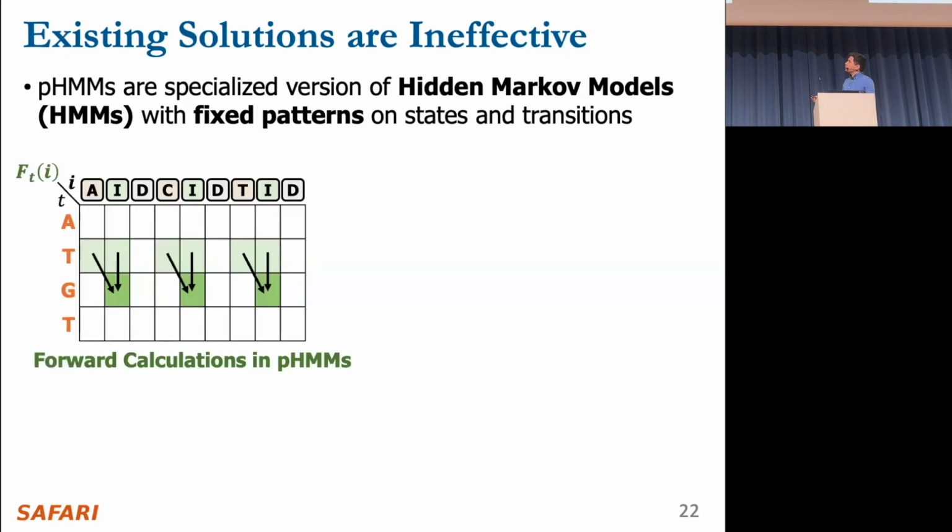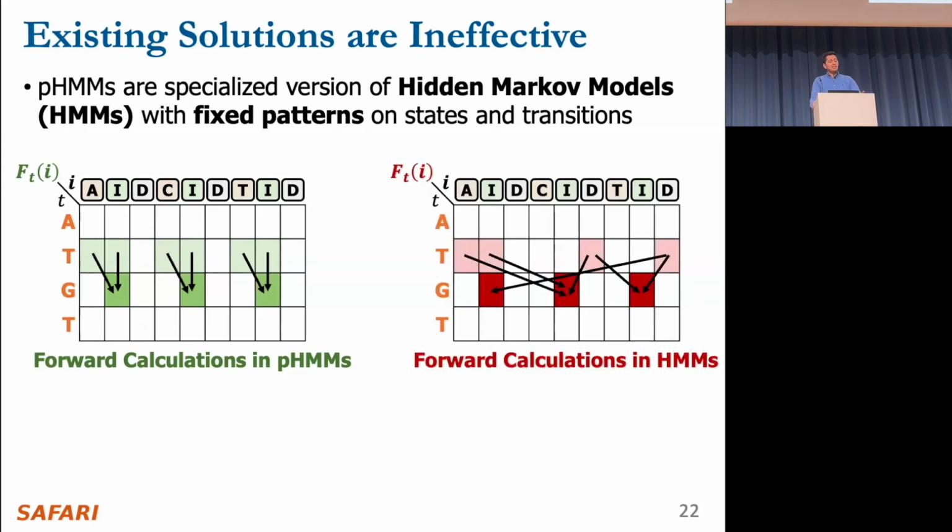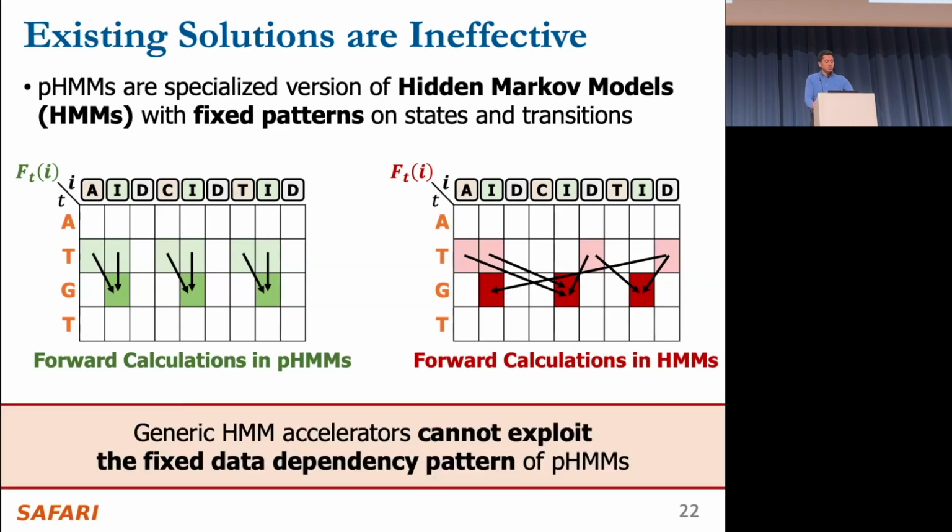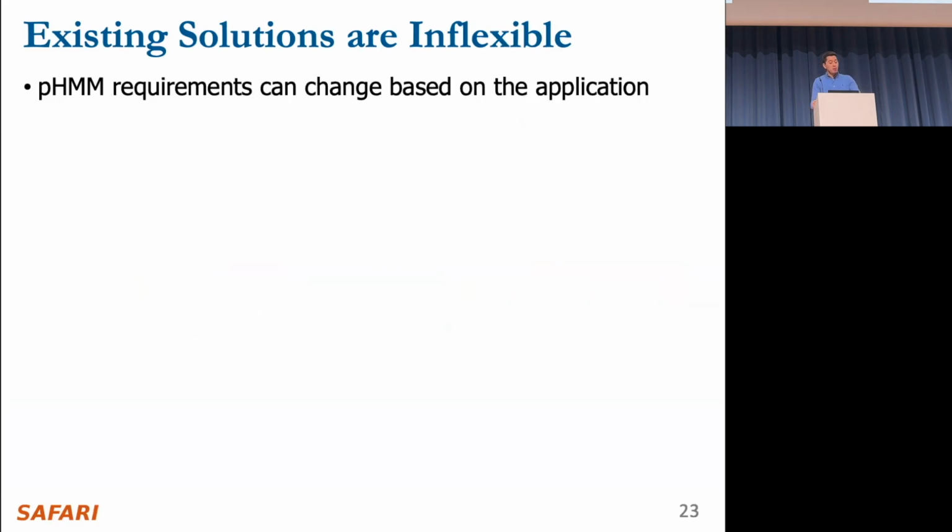When we look at the forward calculations in PHMMs, we have this nice pattern and special locality in the calculations. But when it comes to HMMs, since there is really no restriction on the connections, there is no specific data pattern that we can exploit. So this is one problem: generic HMM accelerators cannot exploit the fixed data dependency pattern of PHMMs.